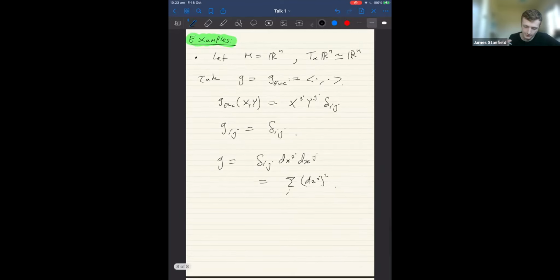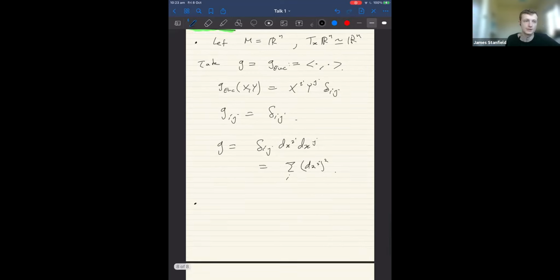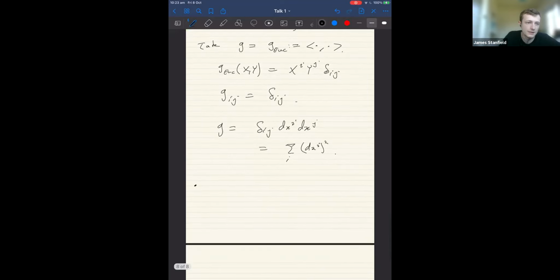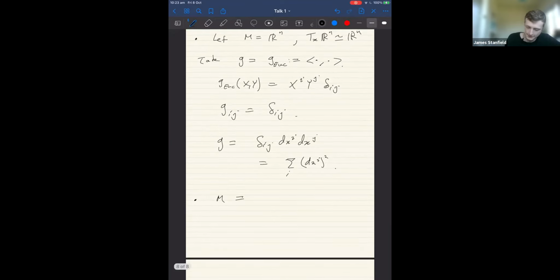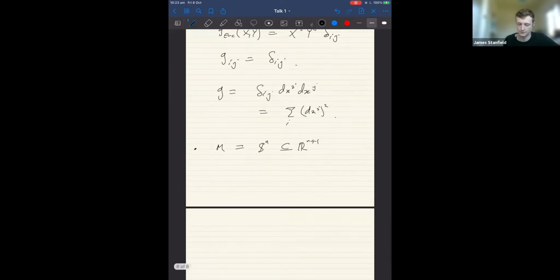So that's where basically all the g's are the same, because we can canonically identify all the tangent spaces. What about a little bit more of an interesting one? Let's take M equal to the n-dimensional sphere, which sits inside n+1 dimensional space.